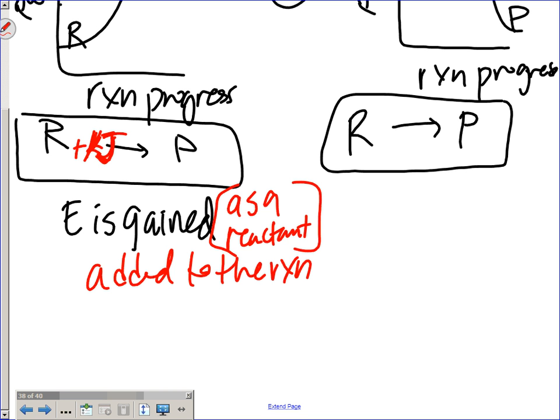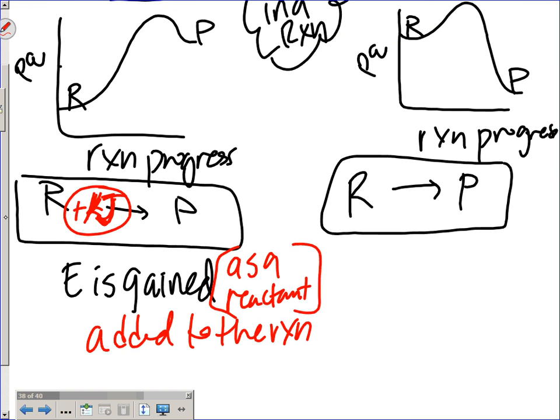And actually, we'll show you an example on the note sheet you have. We'll get there in just a second. So I could have like ammonia plus 100 kilojoules yields some sort of product. And so this energy right here that's added in the reactants is actually represented on the graph as the energy it takes to get to the products, but it's the difference in energy from these two beginning and end sections.